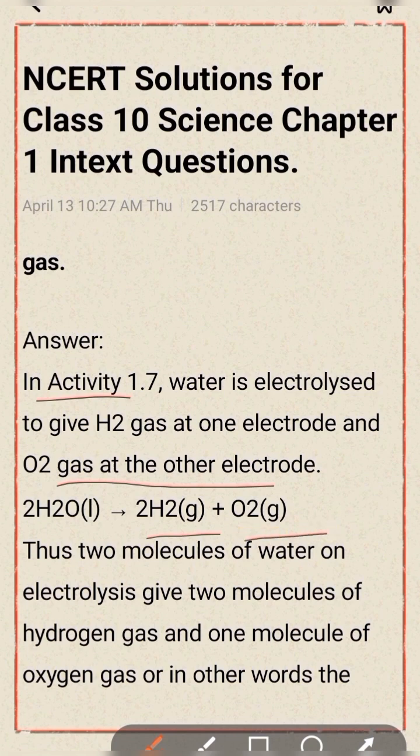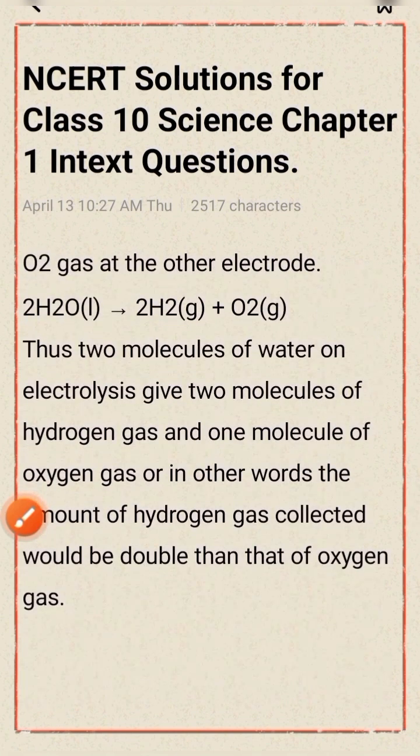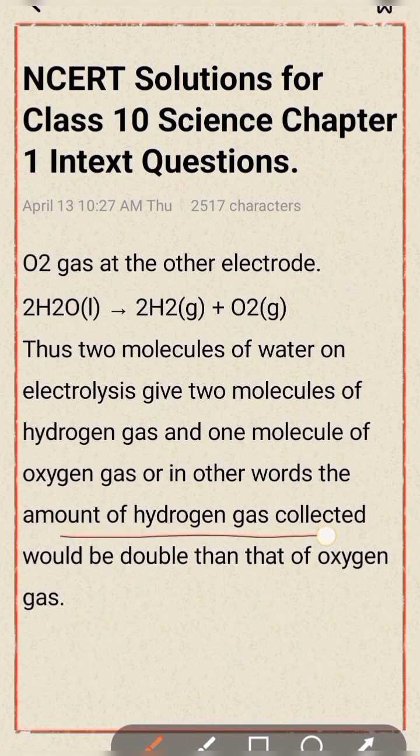Thus, two molecules of water on electrolysis give two molecules of hydrogen gas and one molecule of oxygen gas, or in other words, the amount of hydrogen gas collected would be double that of oxygen. From the equation we can see that water is decomposed into double the amount of hydrogen than oxygen.